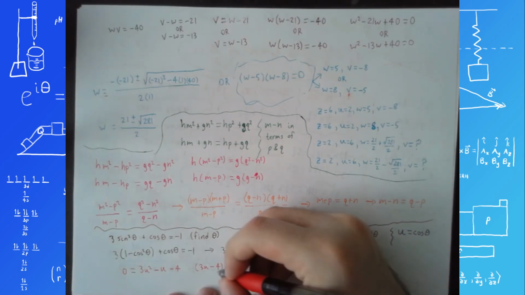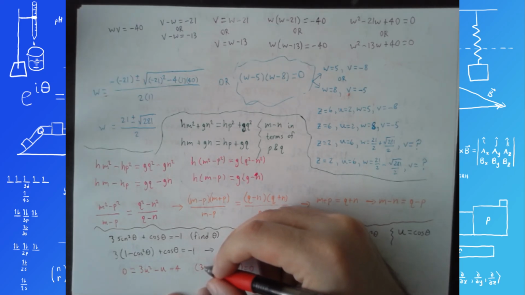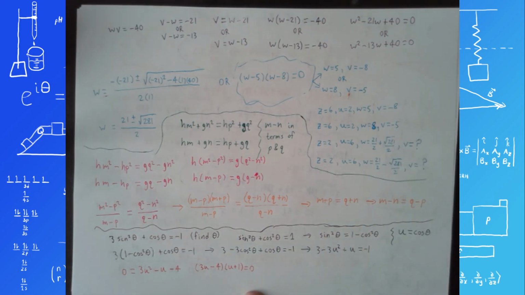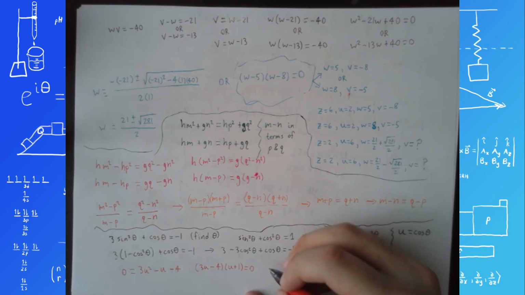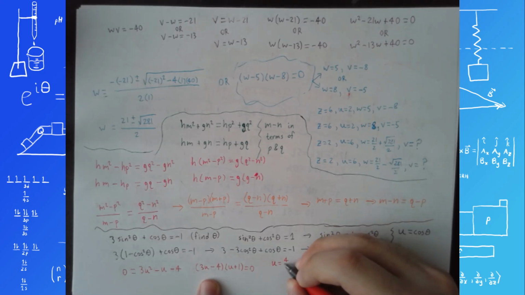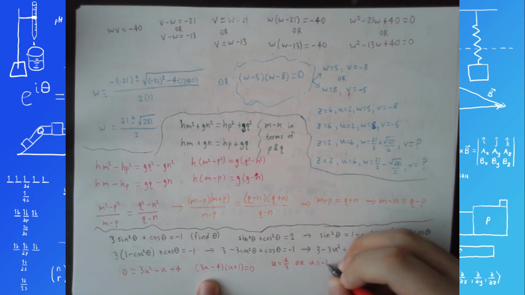Let's see, did I do that right? -4u, and then 1 times 3u is plus 3u, which gives us -u. Okay, so our possibilities are u equals 4/3, or u equals -1.